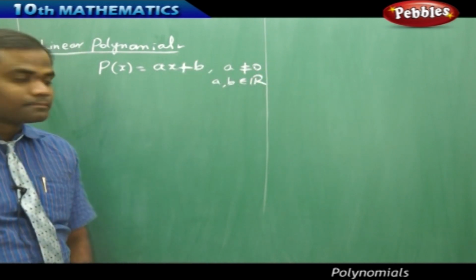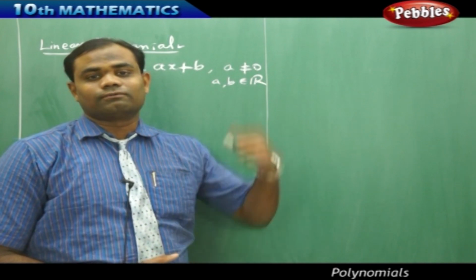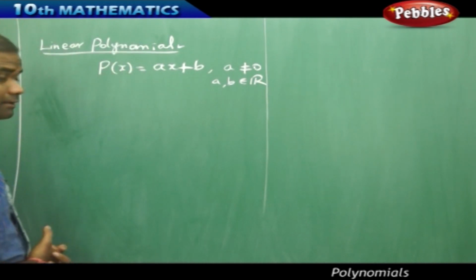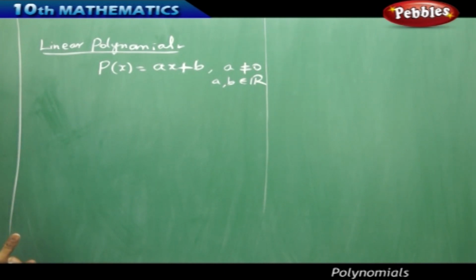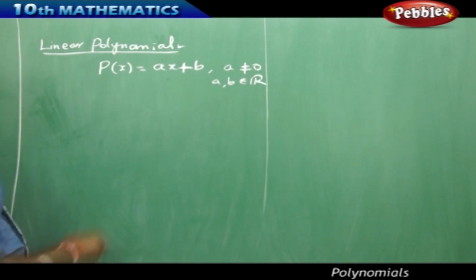They are real numbers. Now using this linear polynomial, I would like to find the zero of this linear polynomial. As a general case, I'm going to derive the general formula for zero of this particular polynomial, the linear polynomial.